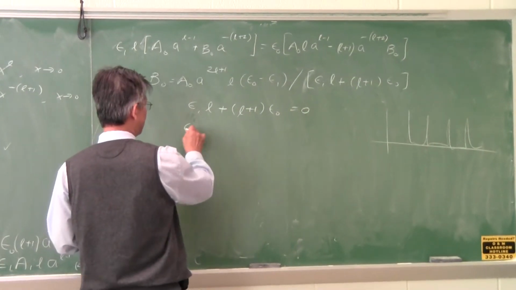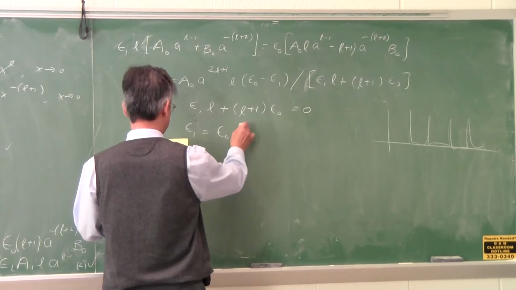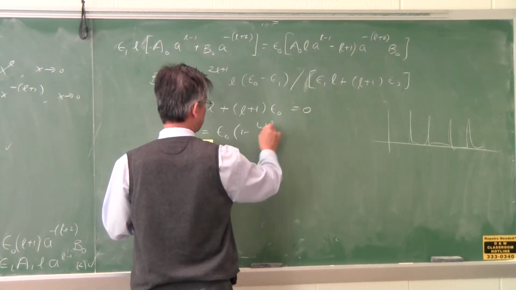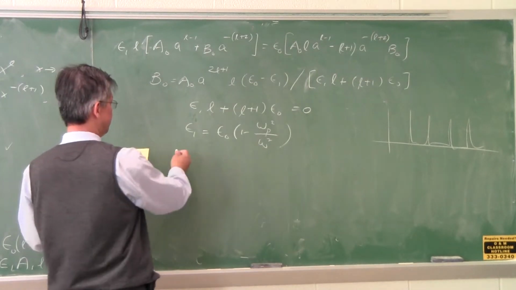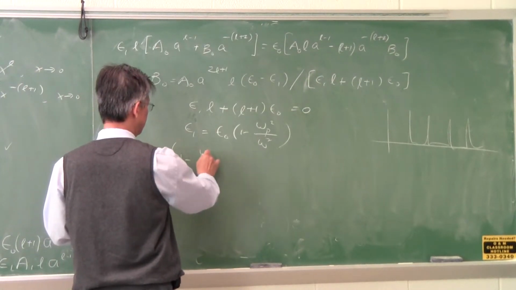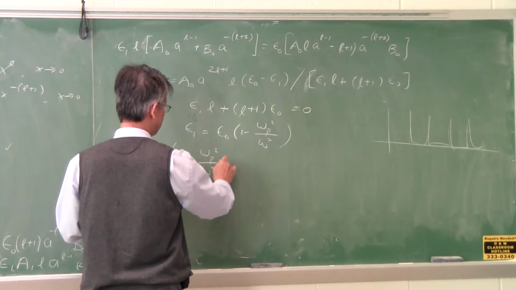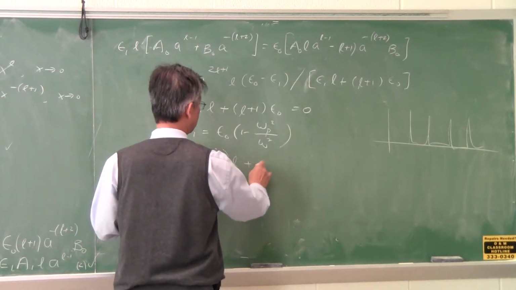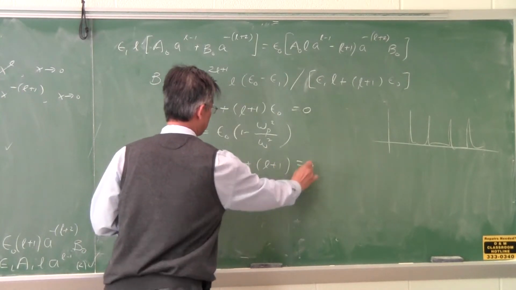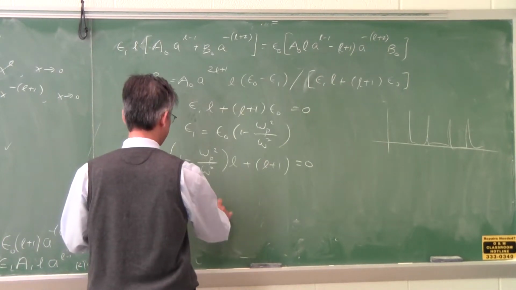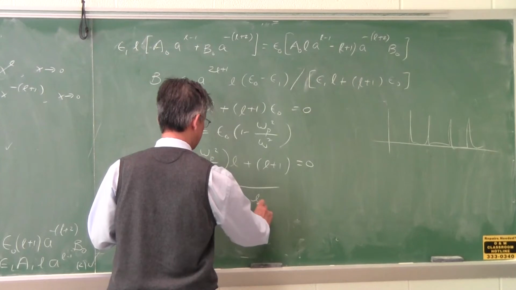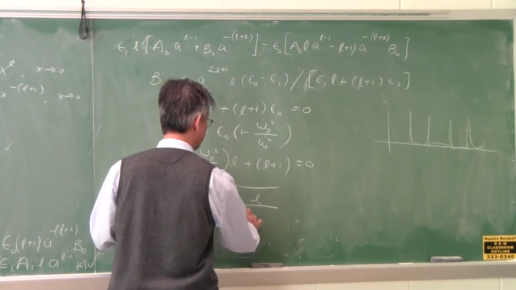If you assume that epsilon 1 is a plasma, then you actually get this very simple formula. You get that the resonance frequency of the plasma is just the plasma frequency times the square root of l over 2l plus 1.